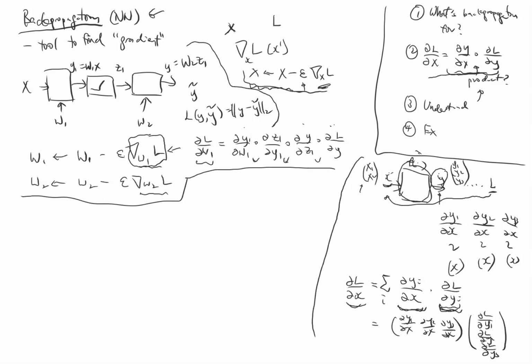If I write it as a matrix product, this is partial L, partial y, and this gets back to what we had earlier: a matrix multiplied by this vector, partial L, partial y, gives back partial L, partial x.